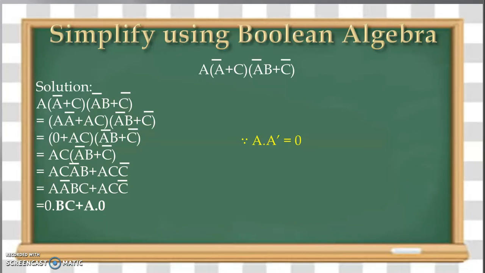So if we multiply 0 with any term, 0 dot BC again is 0 plus 0 and output is 0. So if we simplify the given Boolean equation, then we will be getting output as 0. So this is the simplification of the given Boolean equation.